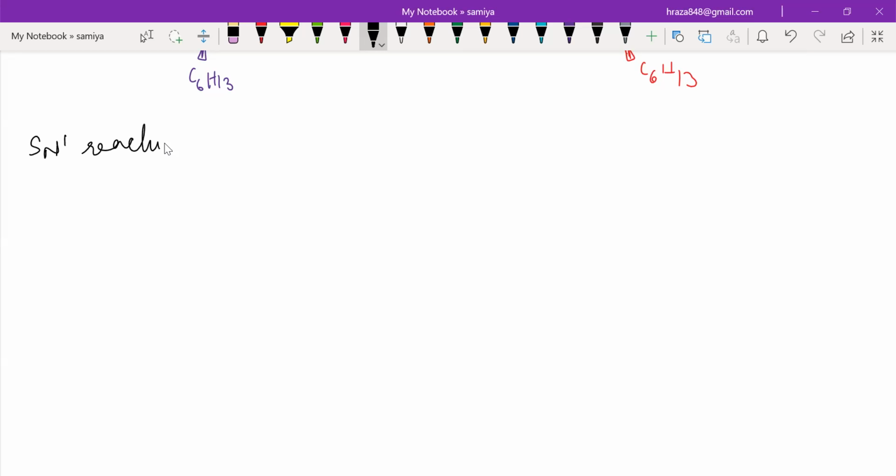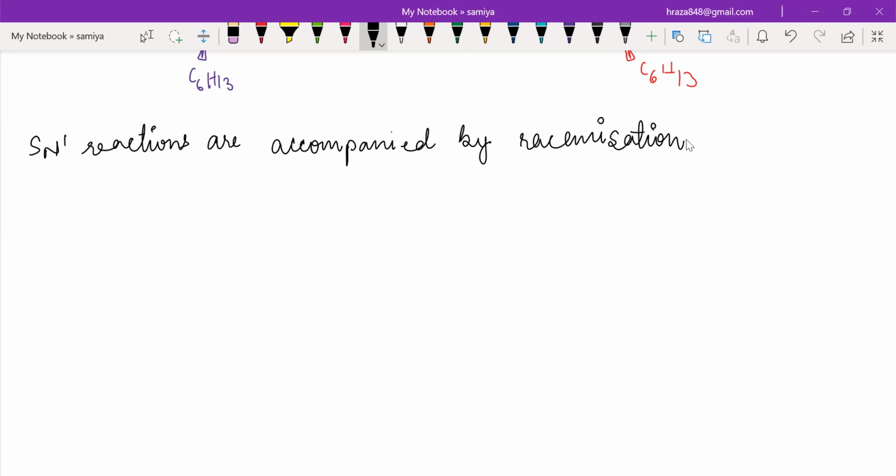SN1 reactions are accompanied by racemization. Racemization, that means basically inversion and retention both will be there. I will tell you how it is possible.